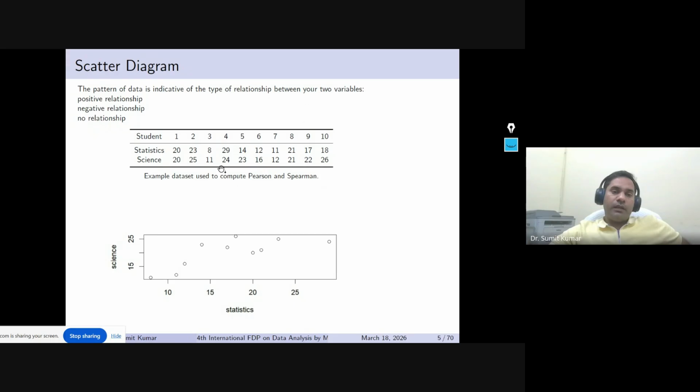We have taken the scatter diagram of the science test and statistics test scores of 10 students, and the plot was generated here.